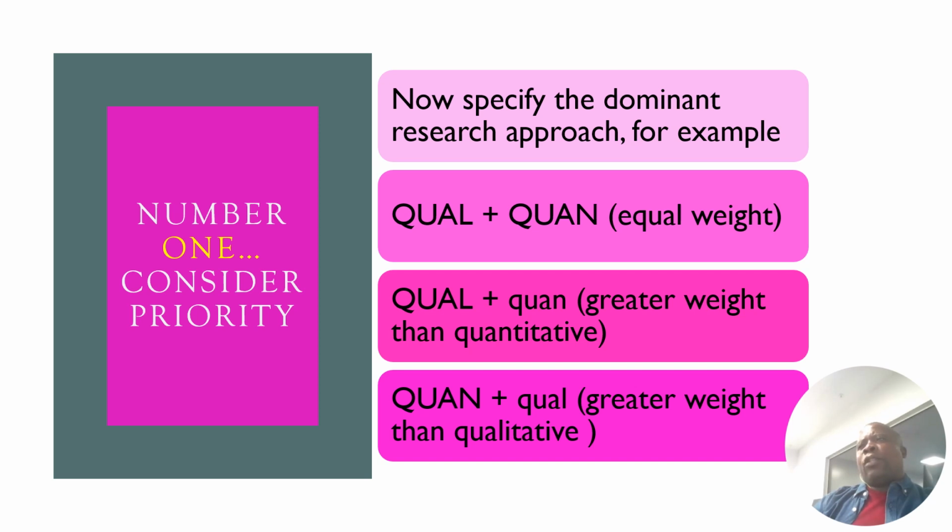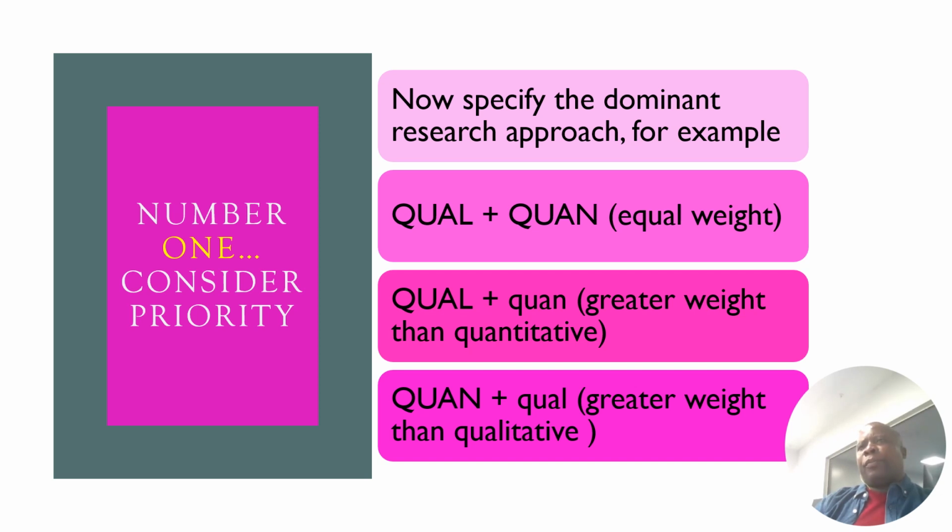In the event that you want all the approaches to carry equal weight, then you need to write QUALITATIVE + QUANTITATIVE, all in capital letters. Then we know that your strategy is to make use of both approaches on equal footing.